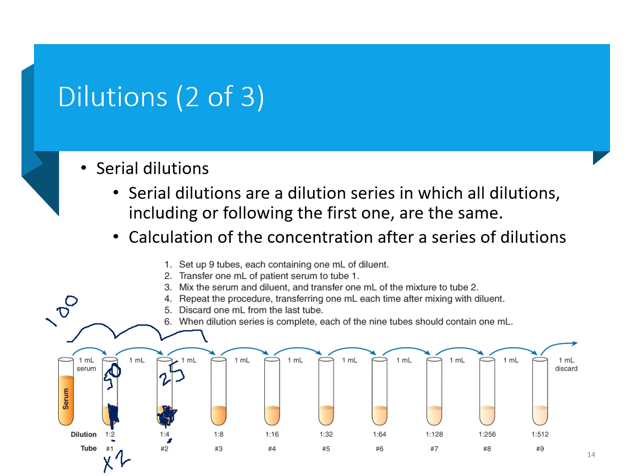So if we were to multiply 25 by our dilution factor of 4, or times 4, that's going to give us 100. So you can see as you go, the original part of the patient sample is going to get diluted each time.